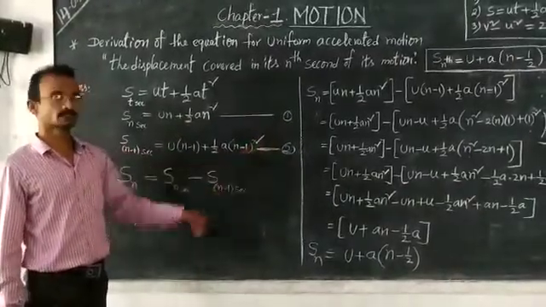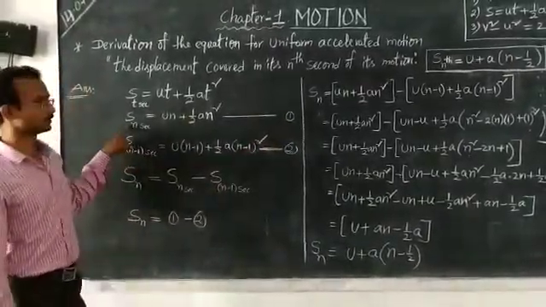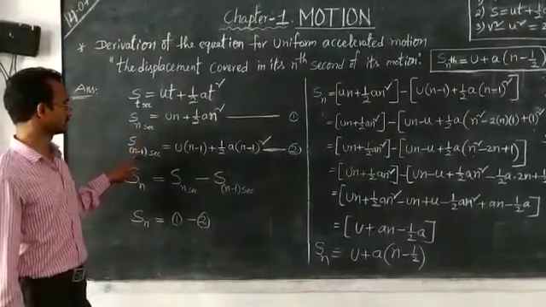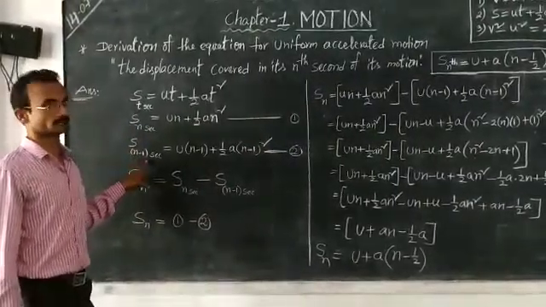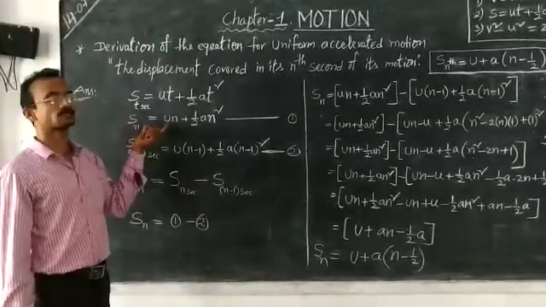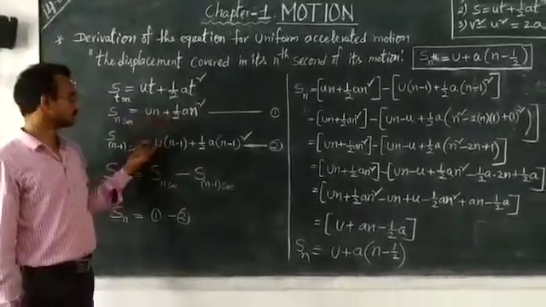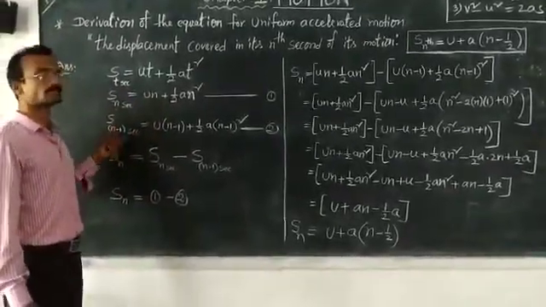These two equations give the displacement covered by a body in n seconds and in n minus 1 seconds. For example, the displacement covered in 10 seconds, and in n minus 1, that is 9 seconds.